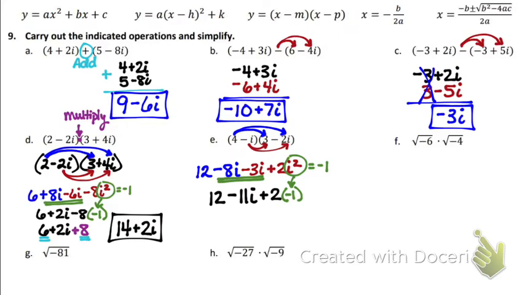What is 2 times negative 1? Negative 2. And then I'm going to combine 12 and negative 2 together and get what? 12 minus 2? 10. So 10 minus 11i.